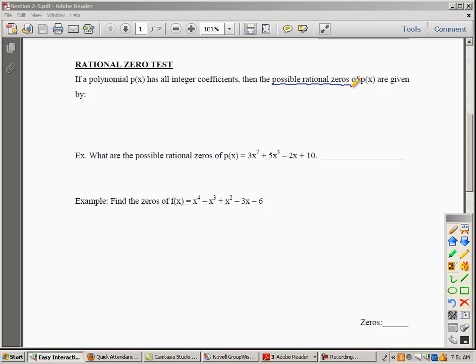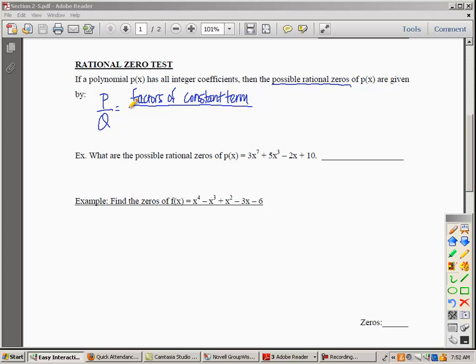The way to find all of the possible zeros is to make a fraction p over q. The values of p are the factors of the constant term. And the constant term is just the term that doesn't have a variable.